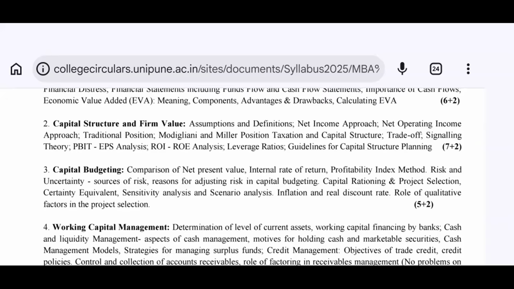The second approach we're going to study is the net operating income approach. Now, what is the net operating income approach? The net operating income approach says the income which I have generated and the operational income which I generated, they categorize.